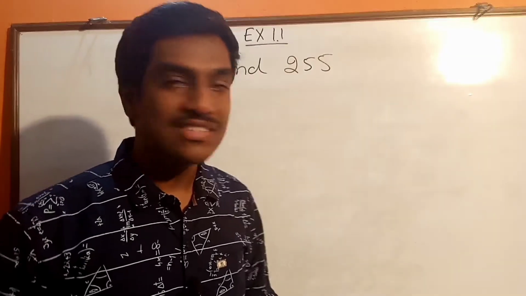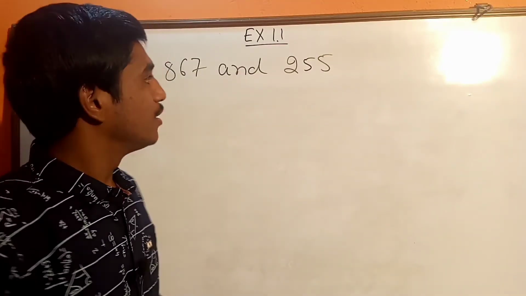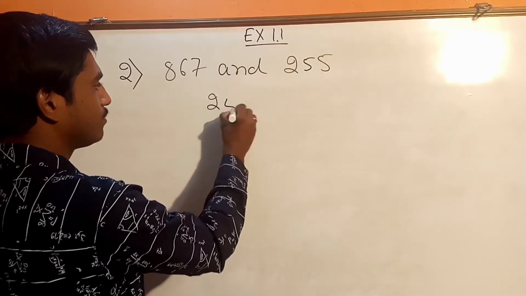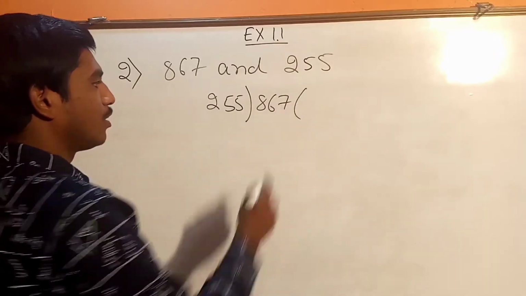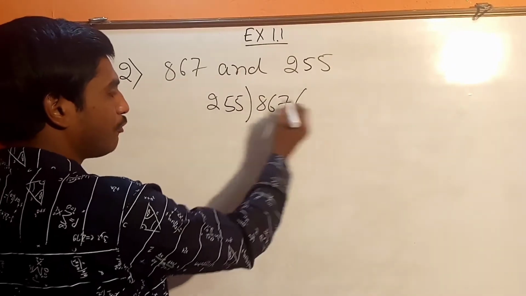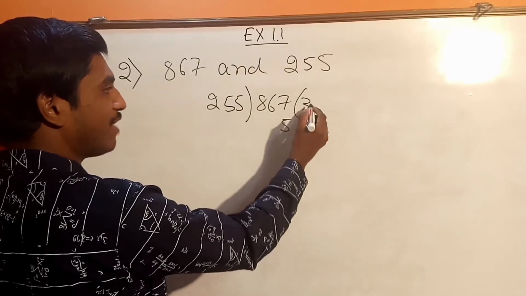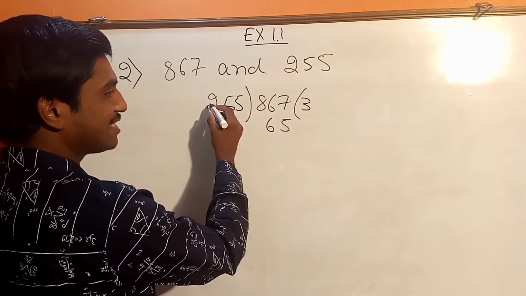Next problem is 867 and 255. So when you divide 867 by 255, 255 into 3, when you multiply, 3 5s are 15, carry 1. 3 5s are 15 plus 1 is 16. 3 2s are 6 plus 1 is 7.